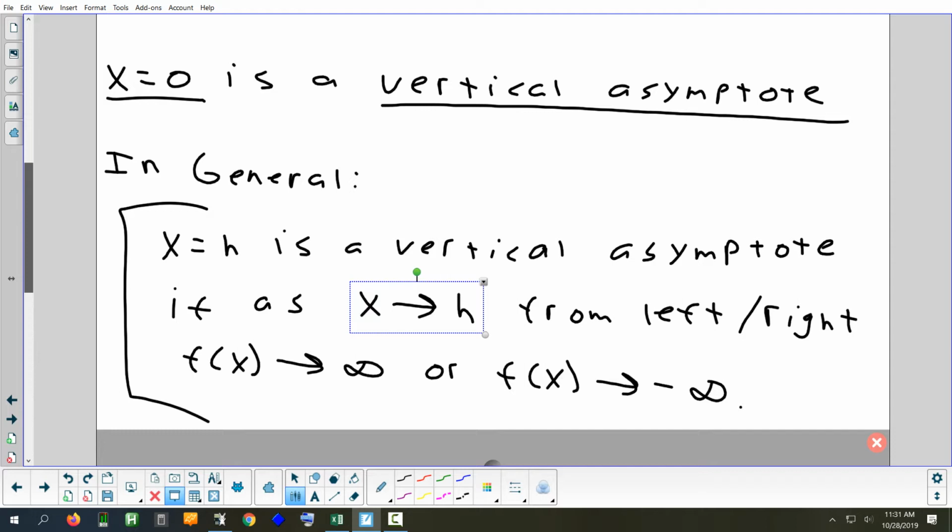Now, sometimes it does the same thing on both sides. It can actually do something like this. As I approach 0 from the left, it goes up. As I approach 0 from the right, it goes up. It's okay, they're both going up. But whatever number you're approaching, it's got to all of a sudden just take off towards infinity or negative infinity.